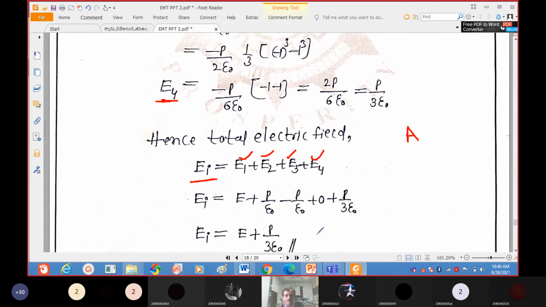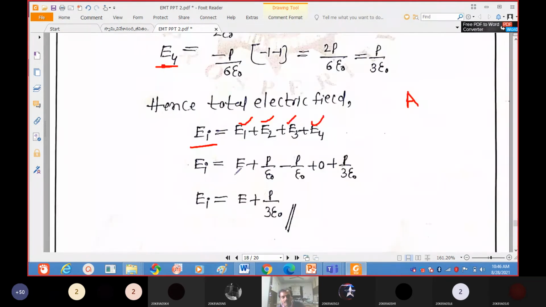First, E1 equals E plus P by epsilon naught. Now E2 equals minus P by epsilon naught. E3 is 0 and E4 is P by 3 epsilon naught.